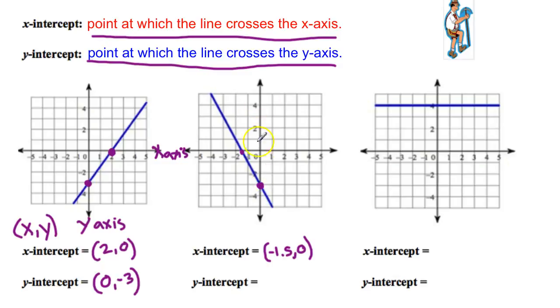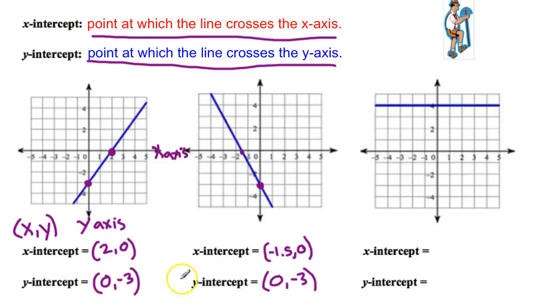Now the y-intercept, that is right here. It's crossing the y-axis at this point. So do I go left or right? I do neither. I just stay right here, and then I go down 1, 2, 3. So this y-intercept is going to be (0, -3). If you look at both of these x-intercepts, you notice the y value is 0 for both.